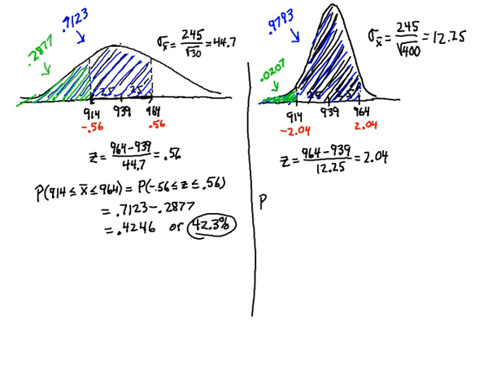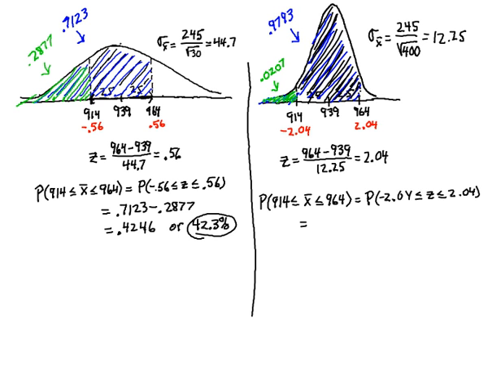So the probability in this part with a sample size of 400, the probability that my sample averages calculated from those much larger samples will fall somewhere between $914 and $964, or within $25 of the $939, is the probability that the z-value will fall between a negative 2.04 and 2.04.